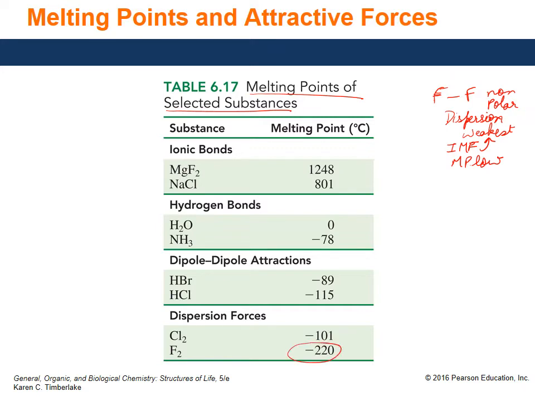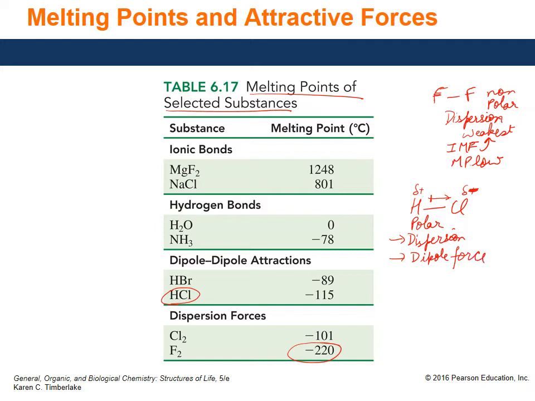But when we talk about a molecule like HCl, what happens in HCl? Remember, hydrogen is positively charged and chlorine is partially negatively charged. So this molecule is polar. A polar molecule consists of dispersion, which is present everywhere, but along with dispersion, they also have dipole force.